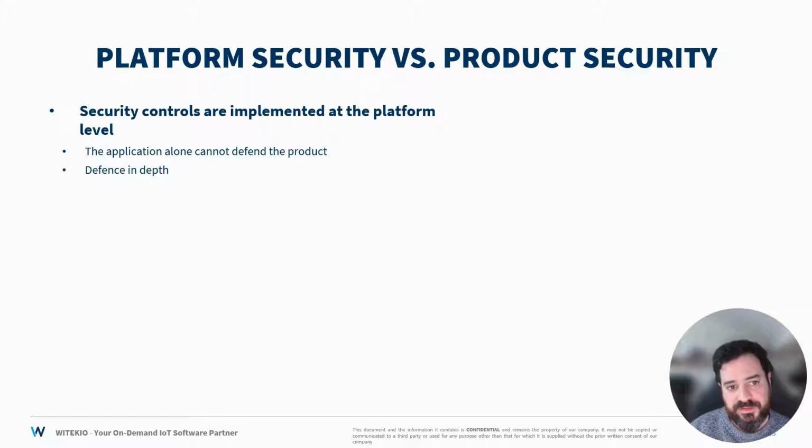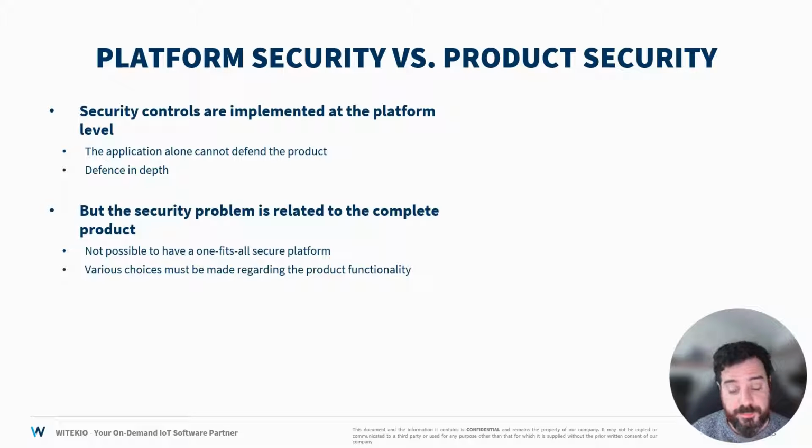So security controls are implemented at the platform level. So the application itself cannot defend the product alone, and also we will usually want to stack up security mechanisms and have redundancy in the security approach in order to mitigate a vulnerability in one or a bypass of one mechanism. But the security problem itself is not related to the Linux system as a Linux system.